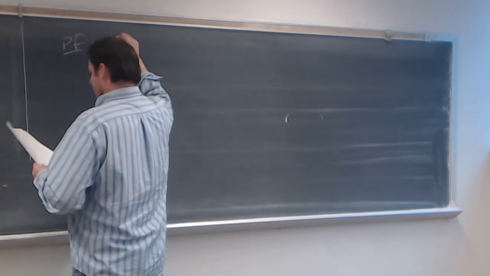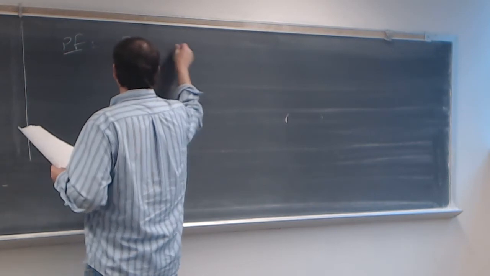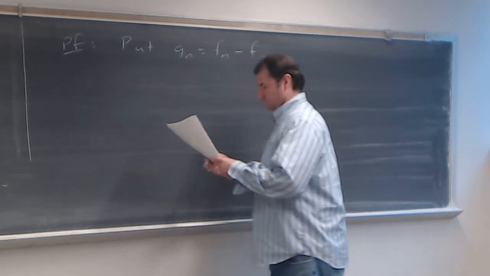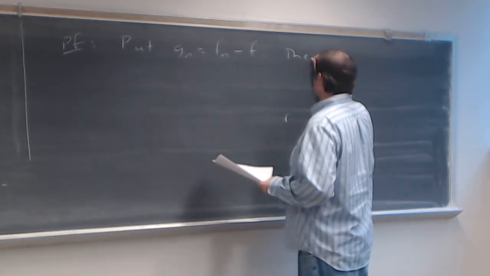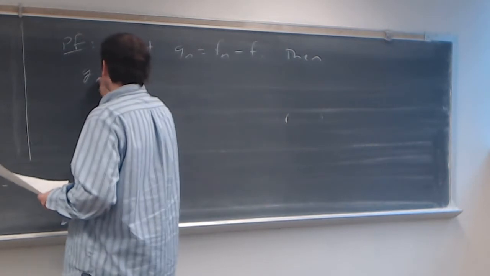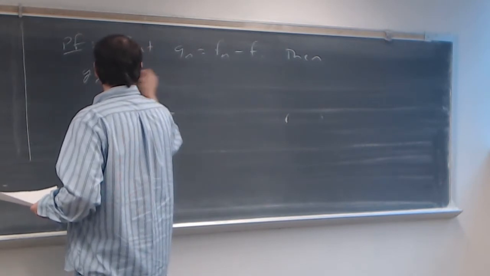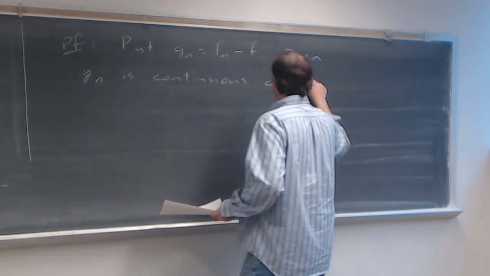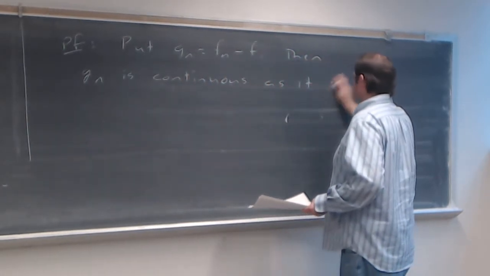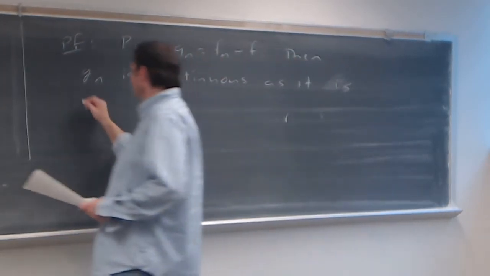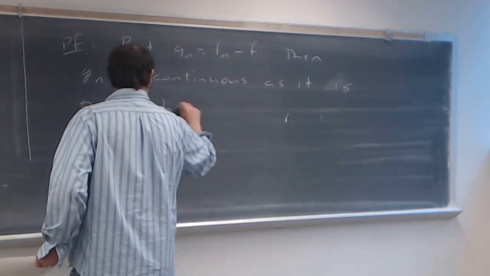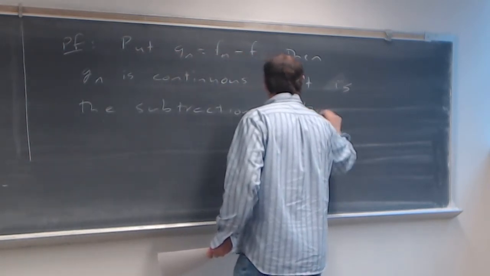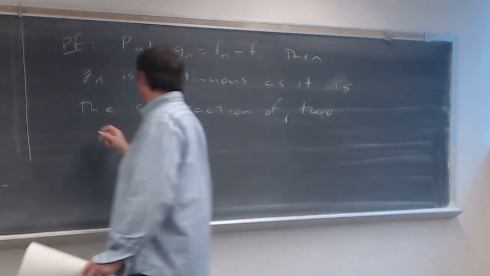So to prove it, we're going to put g sub n equal to f sub n minus f. Then what we realize is that g sub n is continuous, as it is the subtraction of two continuous functions, f sub n and f.